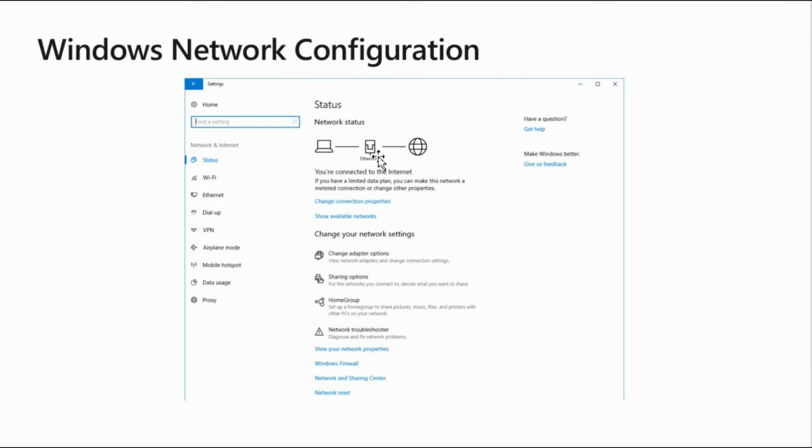Now, Windows network configurations. We can go to Settings, and from there to Network and Internet, and we'll be able to see whether we have internet connection or not, Wi-Fi setup, and Ethernet. Usually these are the things we need, but we also have some extra features such as VPN, airplane mode, and mobile hotspot. If we want to access those devices, mostly we need to enable or disable them.